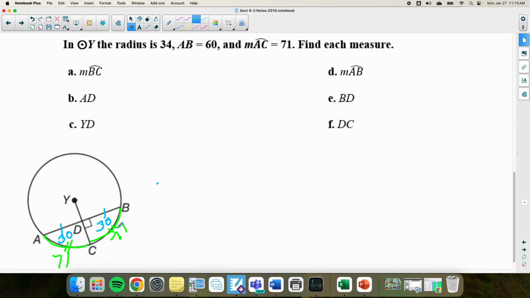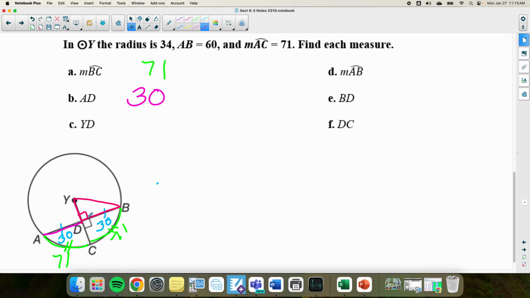So the first question asks us for BC, which we just said is 71. Then AD is this distance, which is 30. YD we have to find, and that we're going to find using one of these right triangles, okay?